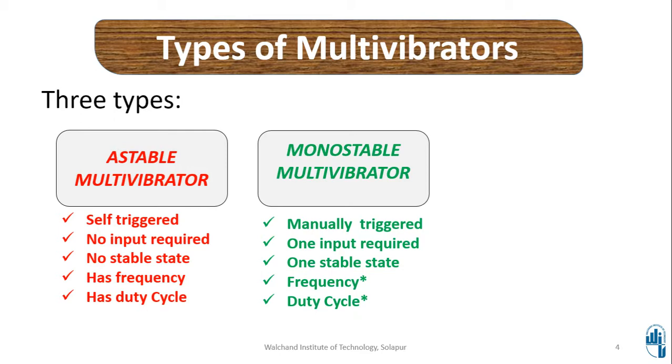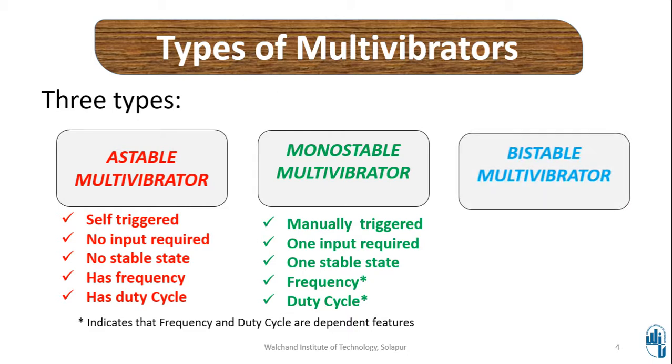So the features can be summarized as: it is manually triggered, it needs only one input, and it has one stable state. The frequency and duty cycle are conditional; that is, depending upon the trigger input, the output frequency and duty cycle may or may not be present in the waveform.